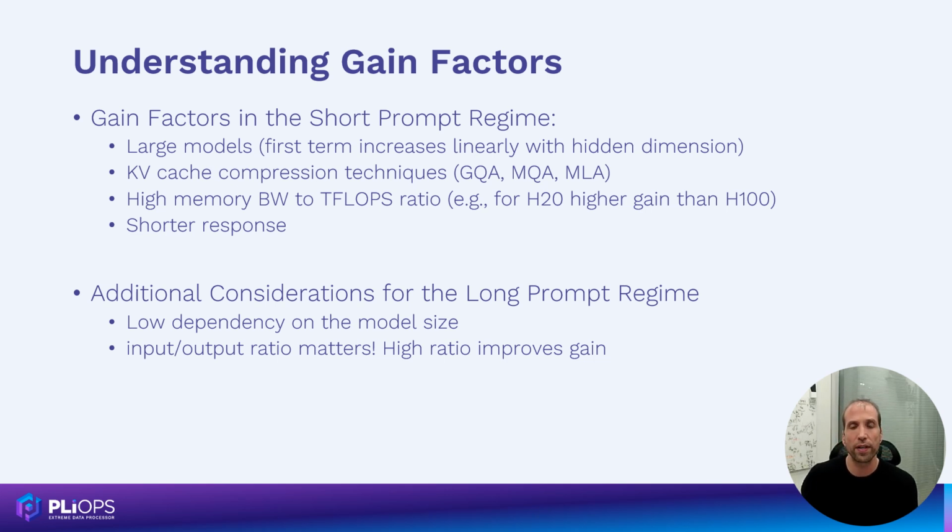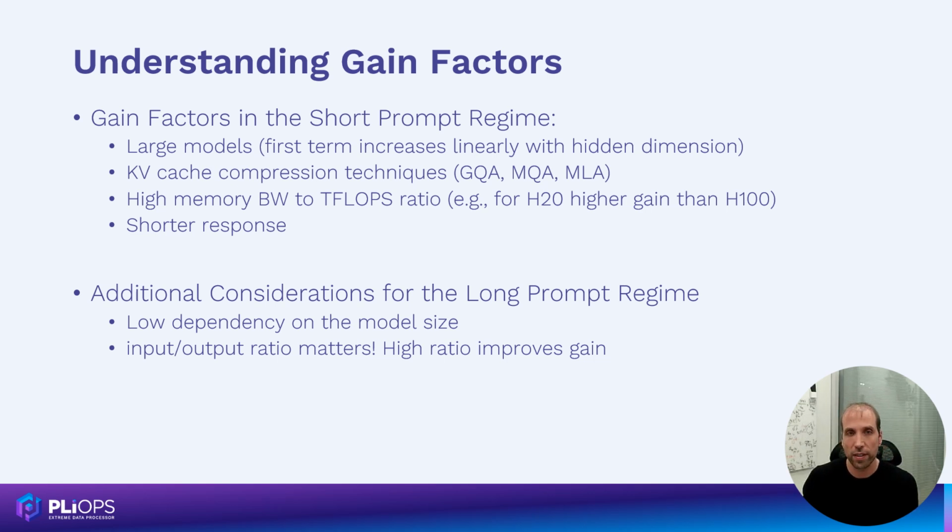Now, if we look at the other regime, the long prompt regime, there are a lot of similarities, but there are some additional considerations to take. First, according to the first term, there is low dependency on the model size because it scales as the square root of the model size. However, we still benefit from KV cache compression techniques, and we like a high memory bandwidth to teraflop ratio.